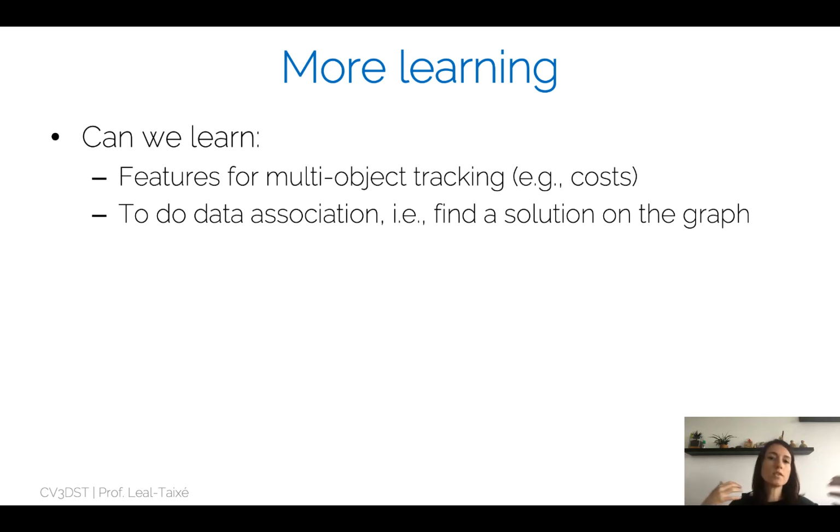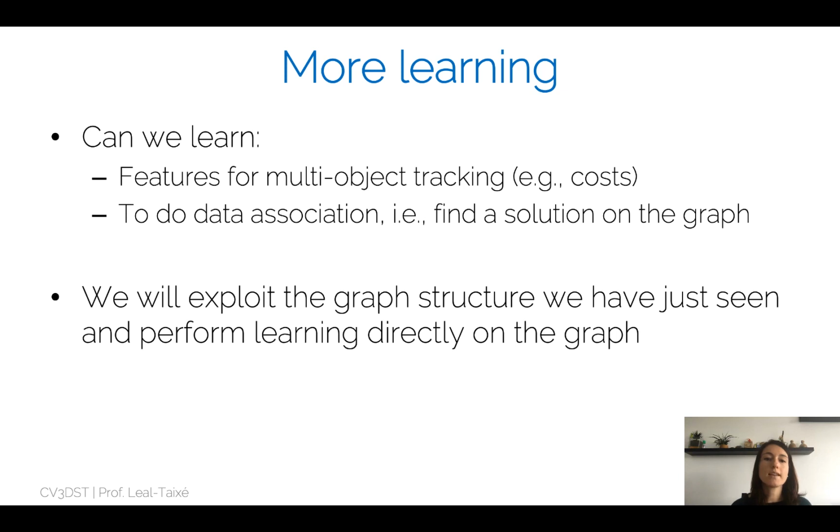So these are two separate processes. Therefore, you can imagine that it's not really optimal. The costs that we learn with the neural network are not really optimal because we're not seeing this graph structure. So what if we could exploit the graph structure and perform learning directly on the graph structure? We would find a solution for our data association problem, and at the same time, we would find the best features that would lead us to the best trajectories.